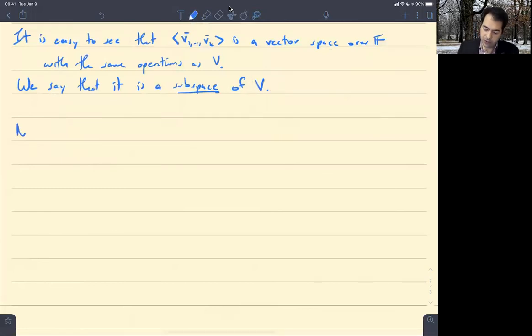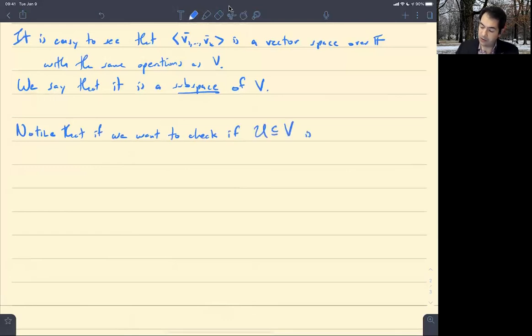So let's write this down. So notice that if we want to check if U subset of V is a subspace, right? So we have a subset of a vector space, and we want to know if it's a subspace.